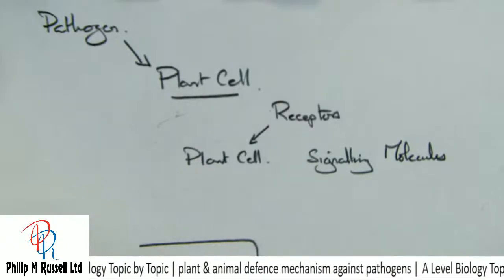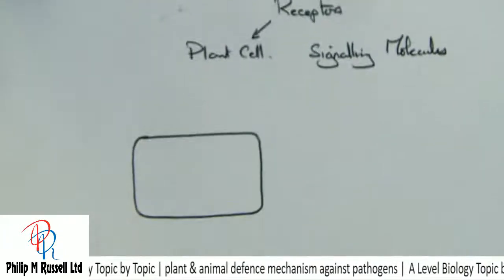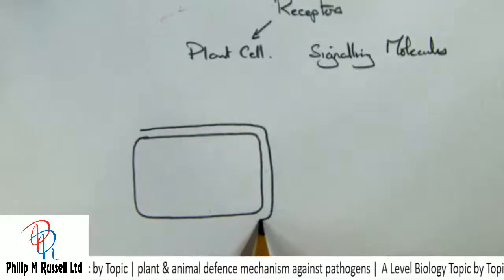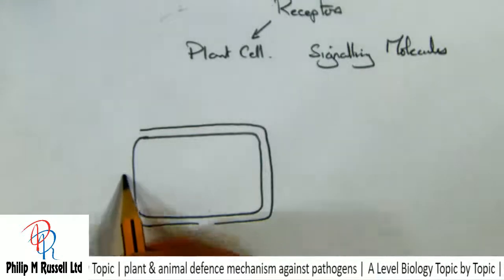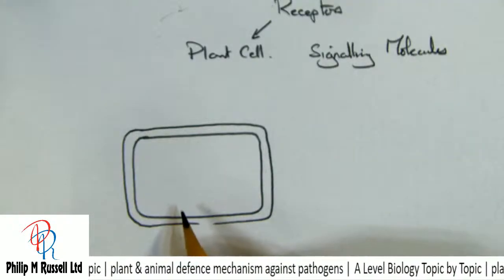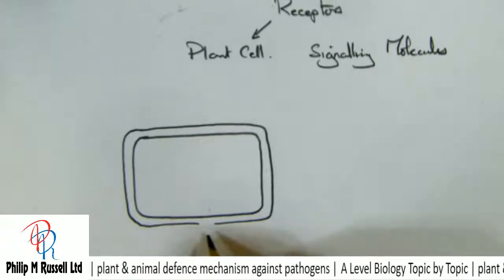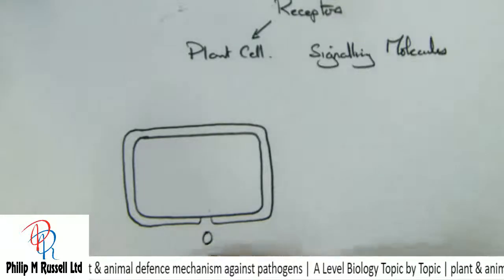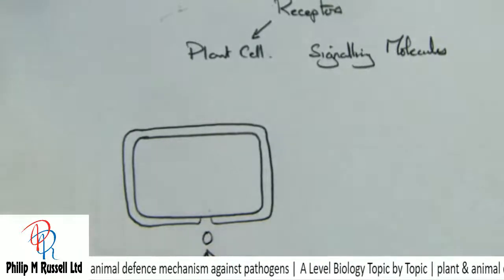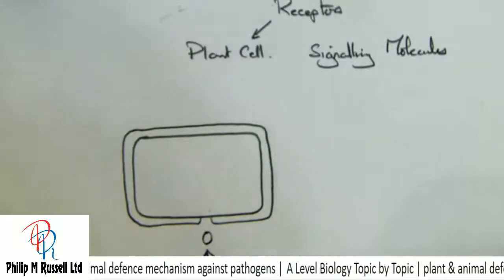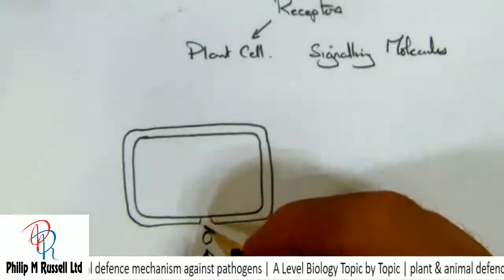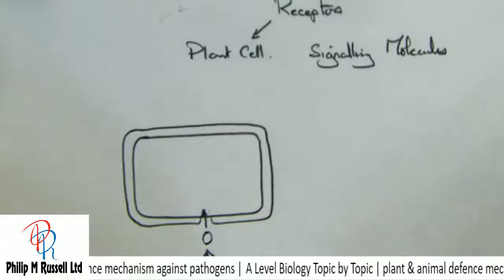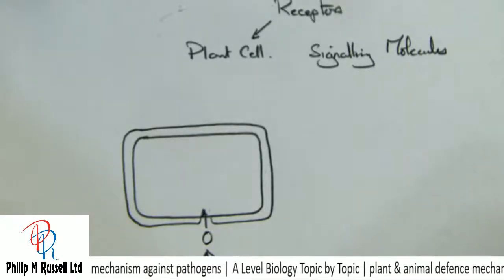And if I draw out a typical plant cell, we've got some sort of cell wall, and somehow this pathogen, whatever it's going to be, is going to find its way into the cell. So as soon as it is trying to penetrate the cell, then we've got something happening.